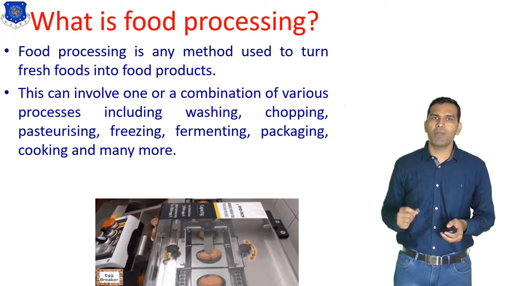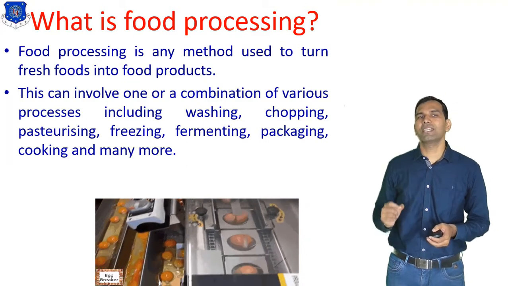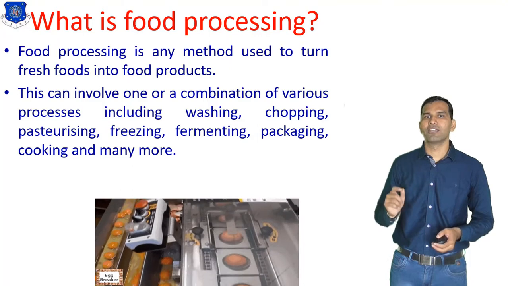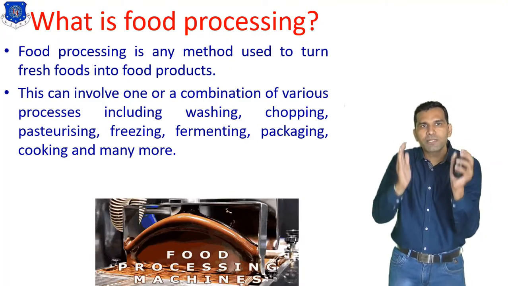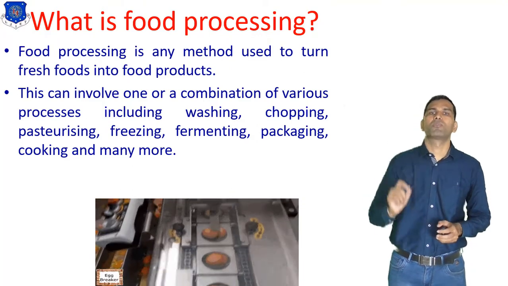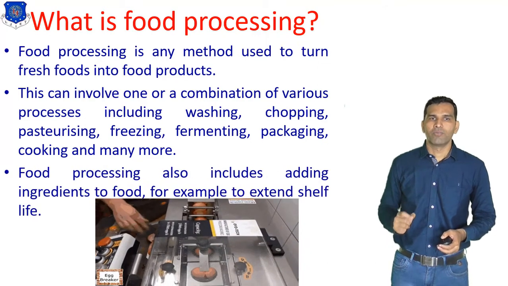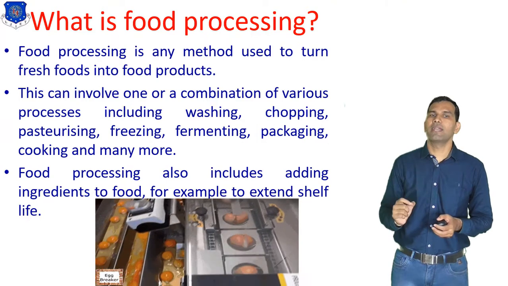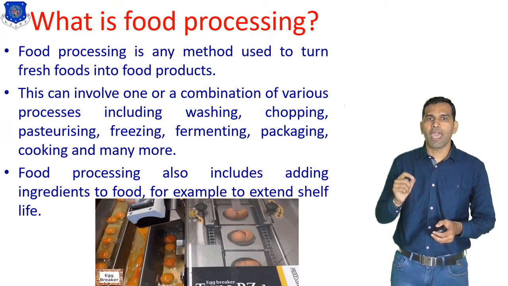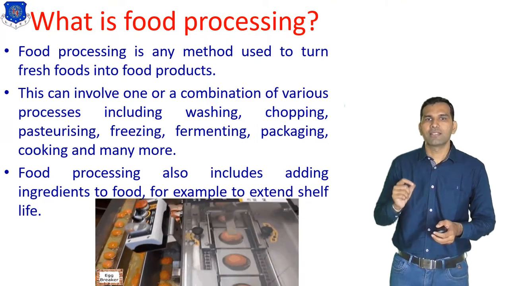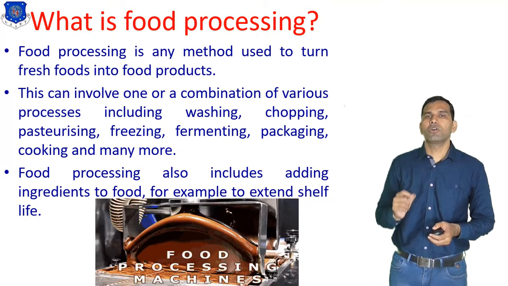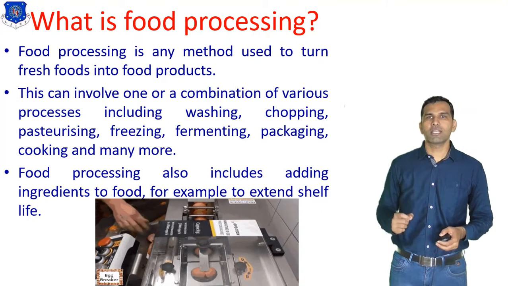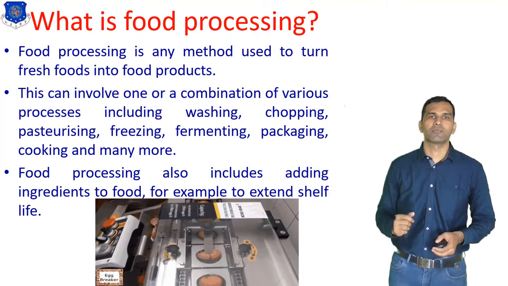So the simple definition of food processing is what? Food processing is any method used to turn fresh food into food products. Food processing also includes adding ingredients to food, for example, to extend shelf life. So this is also a part of food processing. So this is the definition of food processing.